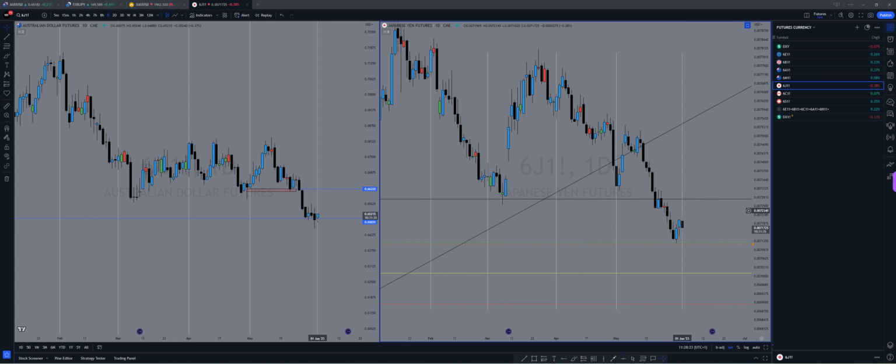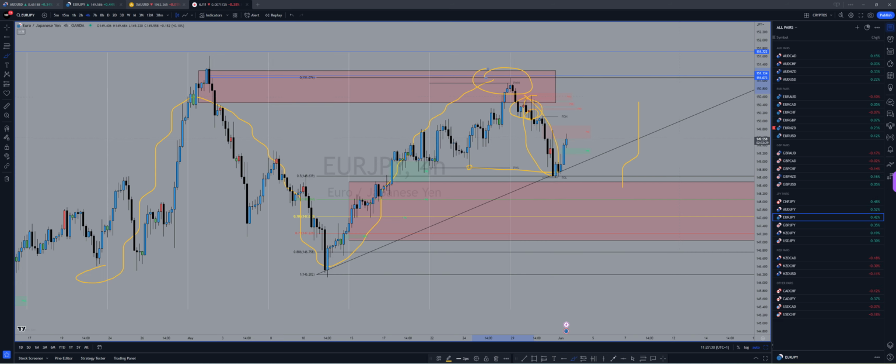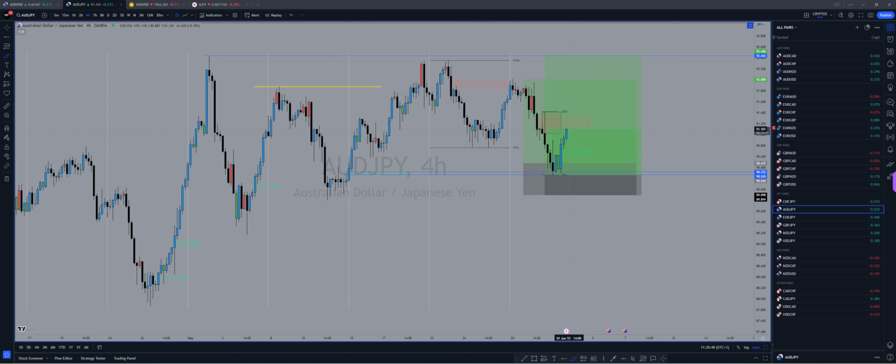I'm anticipating a seasonal buy for yen, but it's not ready yet. So it's going to trade into this volume imbalance and then reject and go lower. So yesterday, as this was going up, I highlighted that we're going to get weakness today and strength on that today, right? And then you can see that on the Aussie yen. And that's what you get.